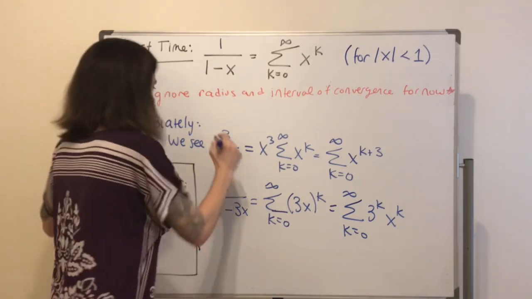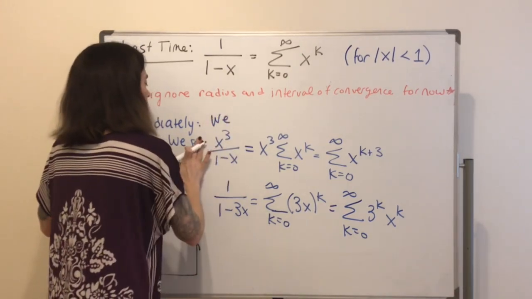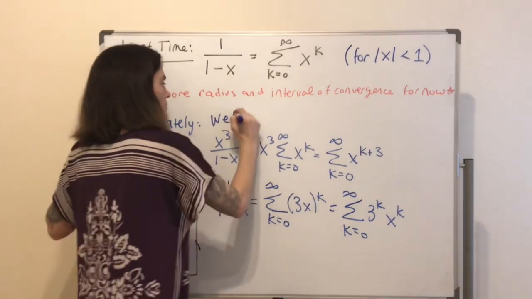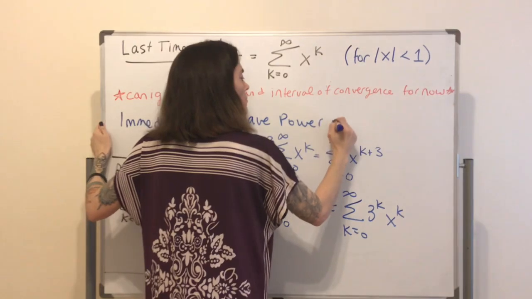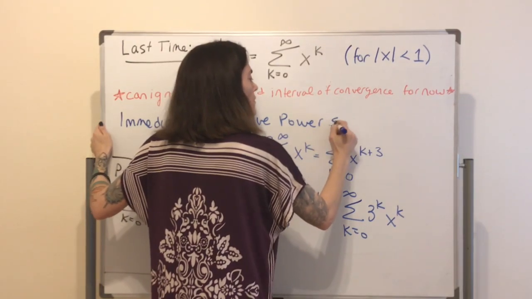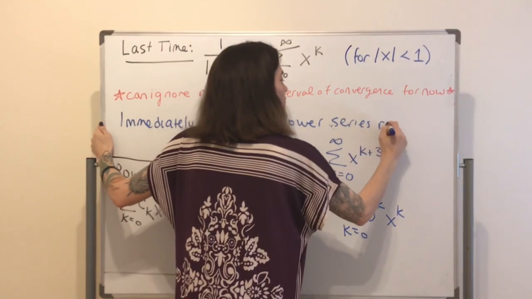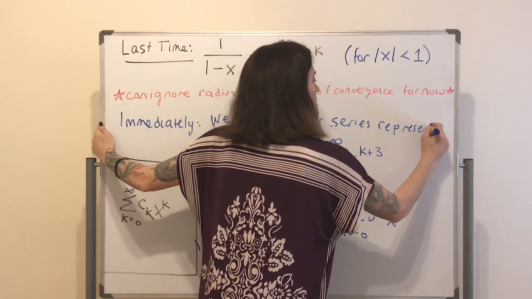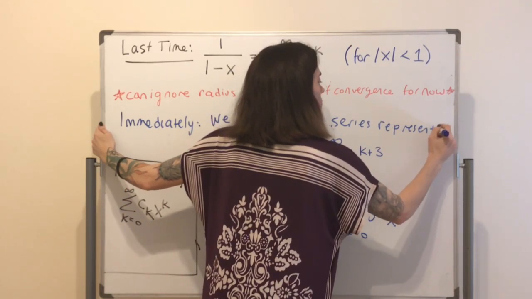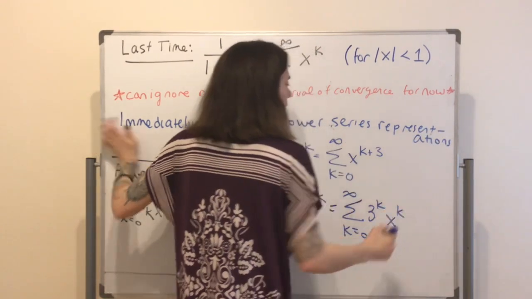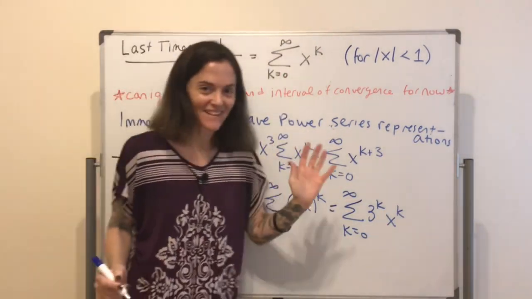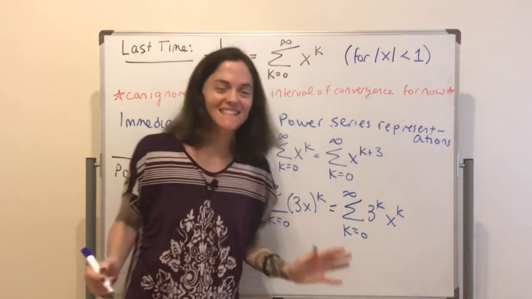Immediately, maybe I'll write it above, we have power series representations for these functions. I'm not sure where to put the hyphen. Representations is what I meant to write.